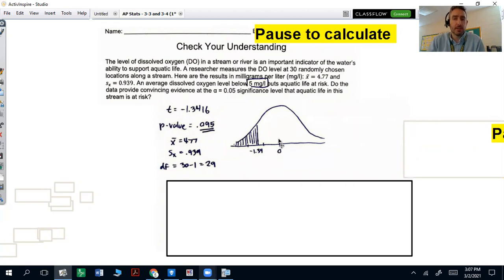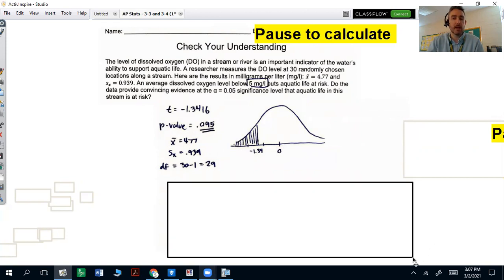So in a t-distribution, 0 is the mean. If you go 1 below and you're at -1.34, that's somewhere around here, and that's roughly 9.5% of the shaded area below. So it's not super unlikely that that sample could happen. And because it's higher than 5%, we have to compare it to that.